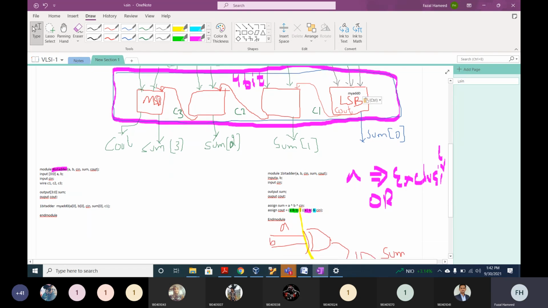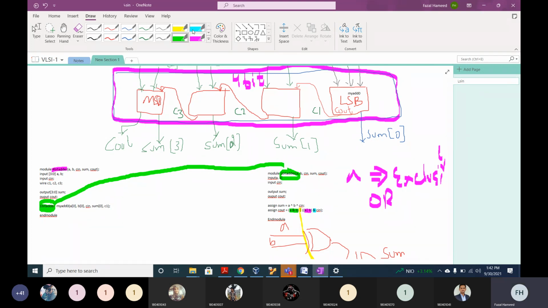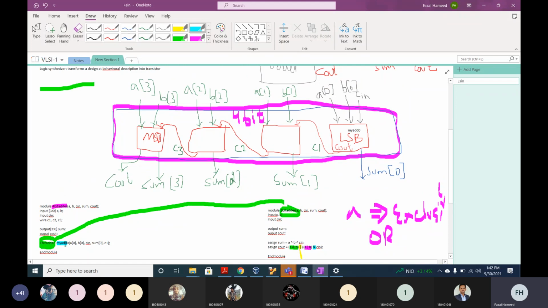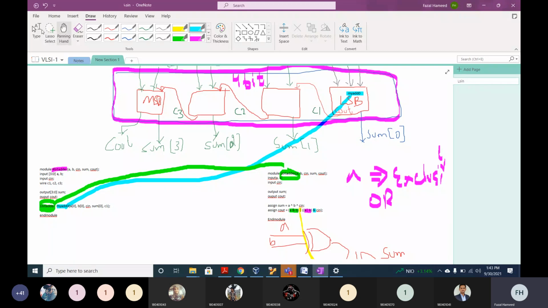So what I did, I'm instantiating a 1-bit adder. 1-bit adder is this. This is the module name 1-bit adder. And have given it a name my add zero. Okay. Now what should I do now? I have instantiated one adder.